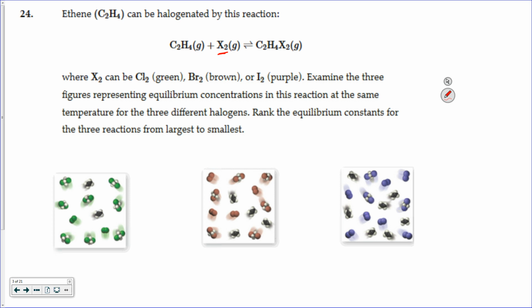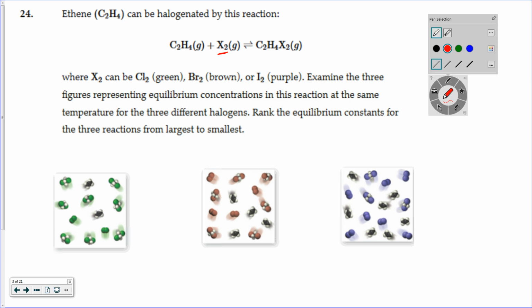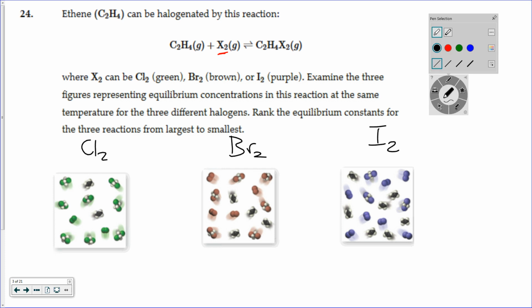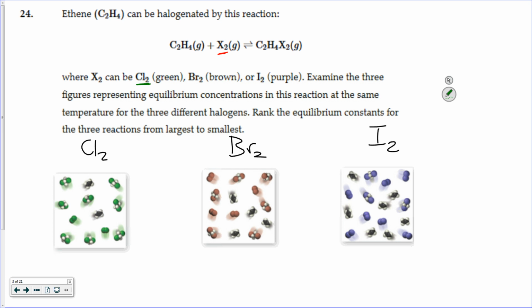So what we have is we'll just represent them with black colors. The one that's got the green in it, this is the one that represents the chlorine. The one with the brown, that doesn't look very brown, but that's the bromine, and the bluish purple represents the molecular iodine. Okay, so if we look at the structure of what's going on with these, we're going to count the number of moles of the chlorine.